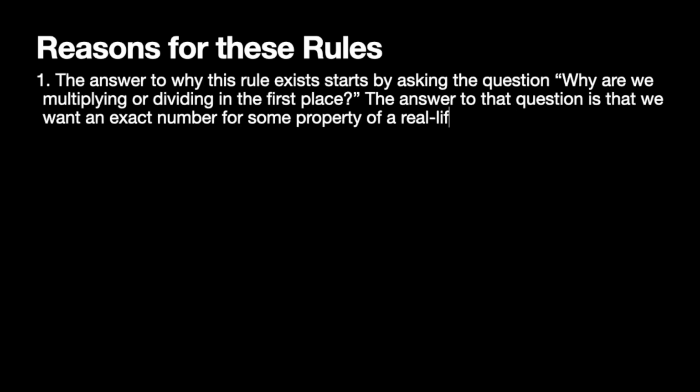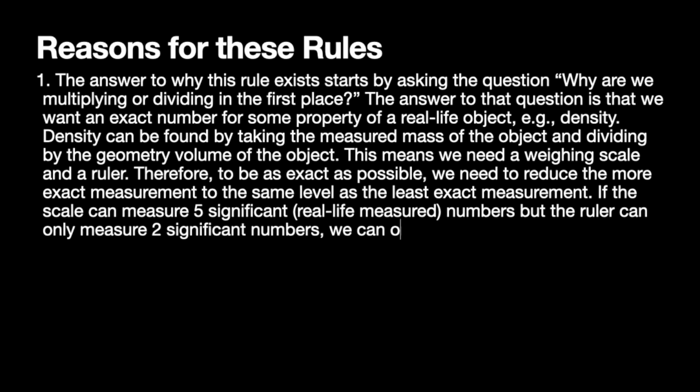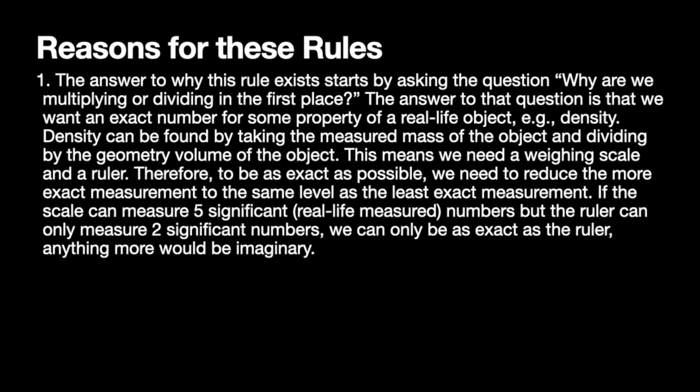Reasons for these rules. 1. The answer to why this rule exists starts by asking the question, why are we multiplying or dividing in the first place? The answer is that we want an exact number for some property of a real-life object, e.g., density. Density can be found by taking the measured mass of the object and dividing by the geometric volume of the object.